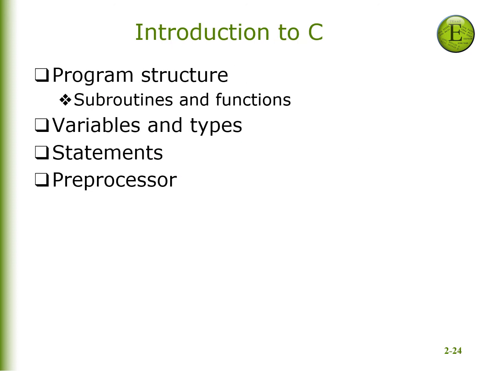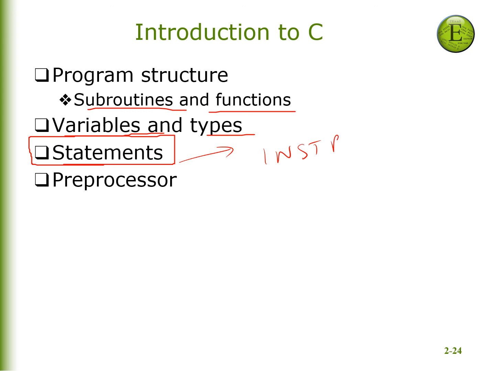So for C program structure, we're going to use functions and subroutines. We're going to use variables and types. There are going to be instructions in the form of statements. Remember, these statements are actually instructions. If you translate the C language statements, they are going to be translated into the instructions of assembly language.